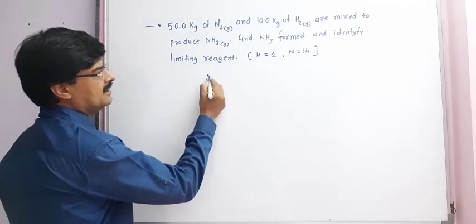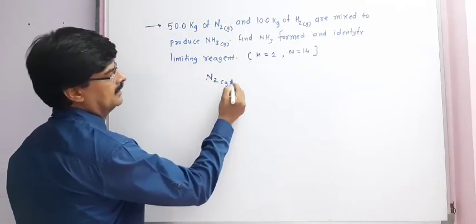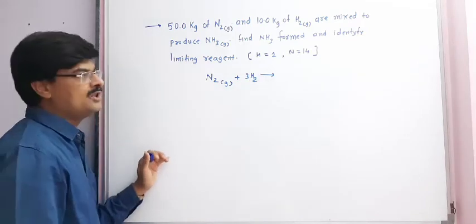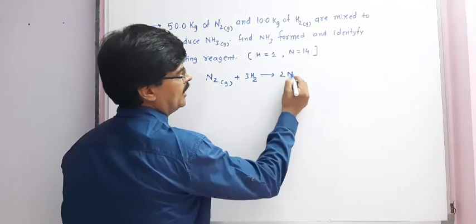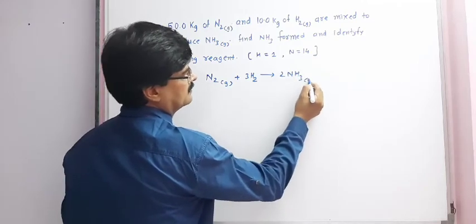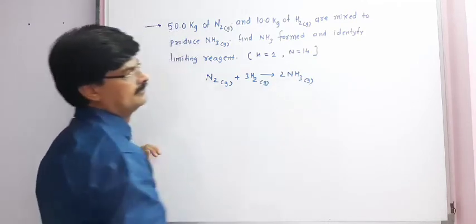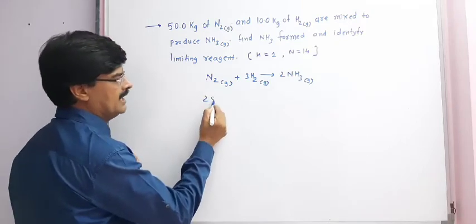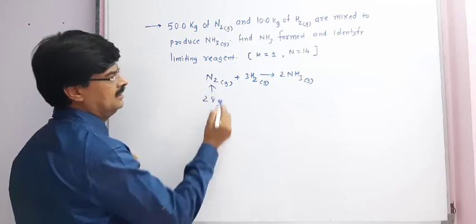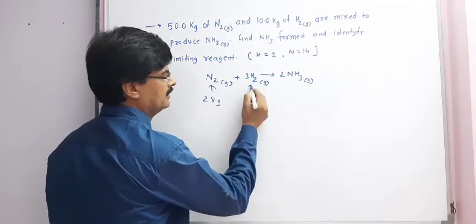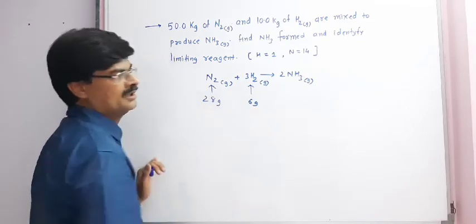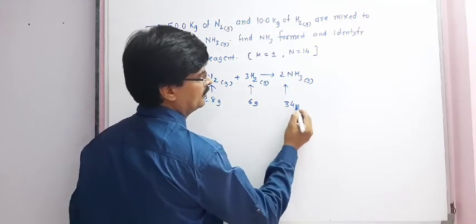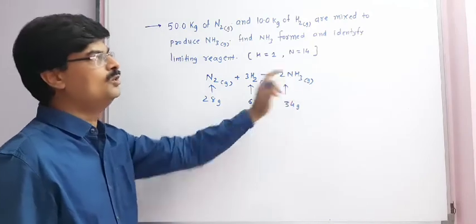First of all, the reaction between nitrogen and hydrogen is written as nitrogen plus 3 hydrogen will give 2 NH3. So on gram basis, 28 gram nitrogen reacts with 6 gram hydrogen to produce 34 gram of ammonia, because it is 2 moles.